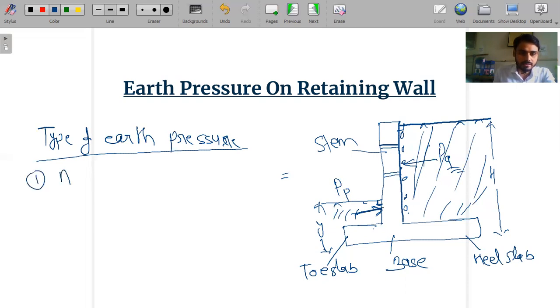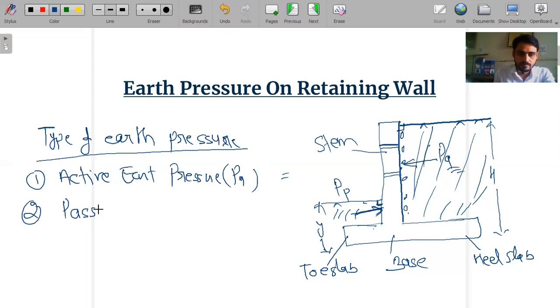The first one is active earth pressure, that is PA, and the second one is passive earth pressure, that is PP. The concept of calculation of both pressures is based on the Rankine theory.